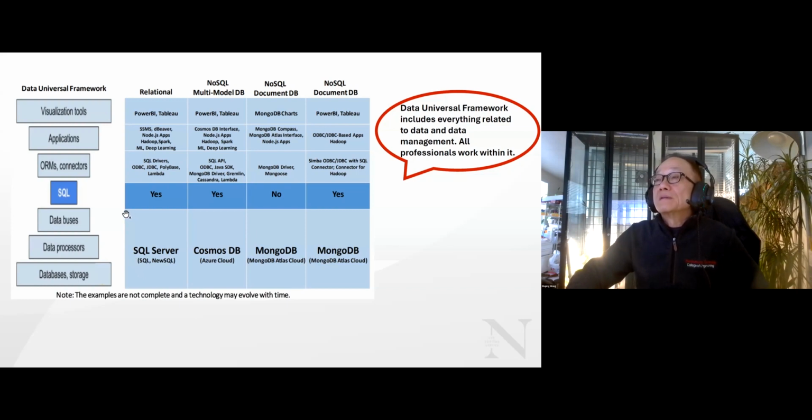And it depends on our role, what profession we are in. If we are a data scientist or a data analyst, most likely we will be working at the top levels, visualization and applications. If we are a software development engineer, then if we just do application development, we will be working at the top levels.